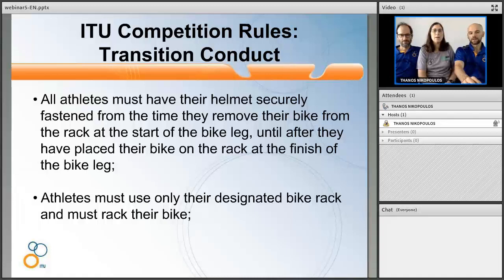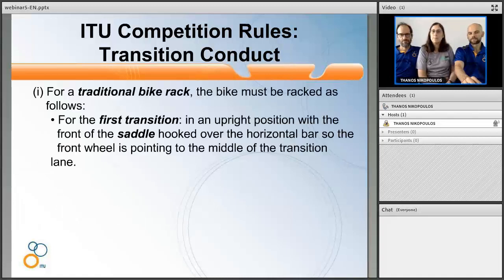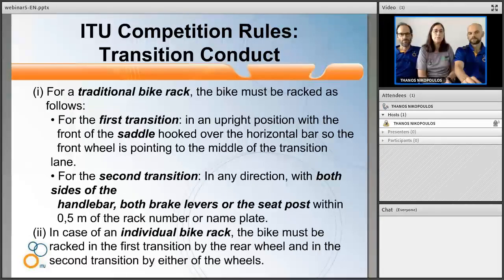Leslie, are there specific regulations on how the athletes can mount the bike at the bike rack? Yeah, so there are two different types of bike racks that we use, and this slide deals with both of them: the traditional bike rack and the individual bike rack. Normally age group athletes use the traditional bike rack, and in first transition they're going to rack the bike from the saddle, so it's going into transition ready to take off and go.